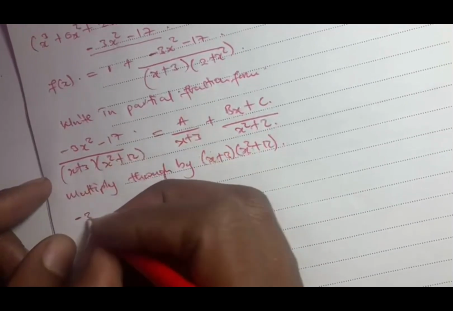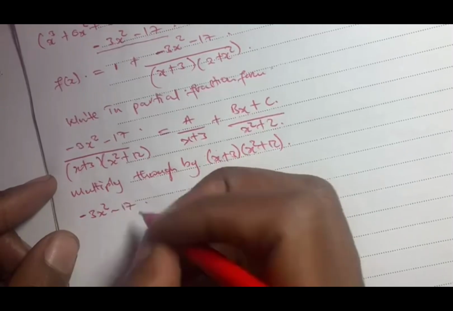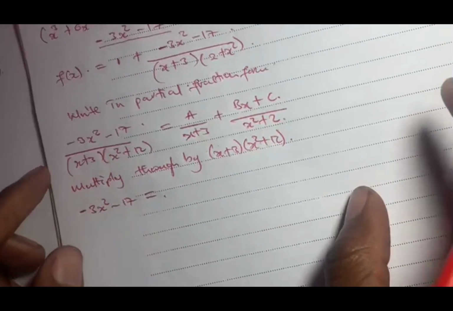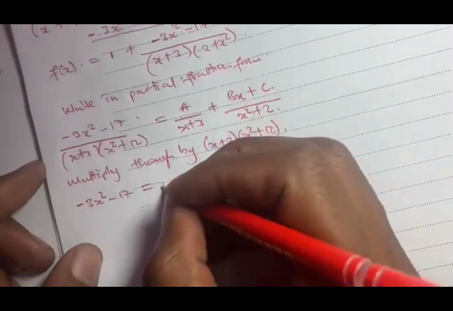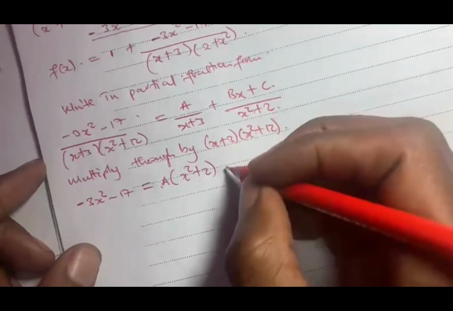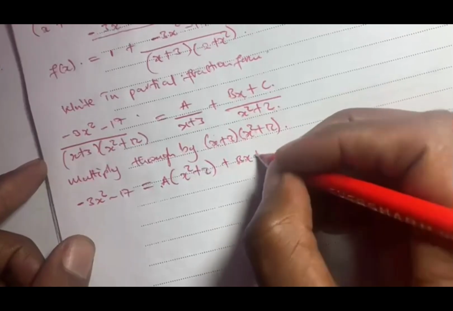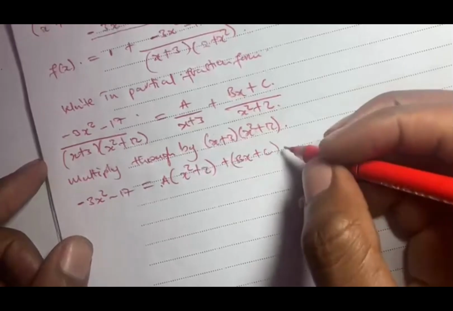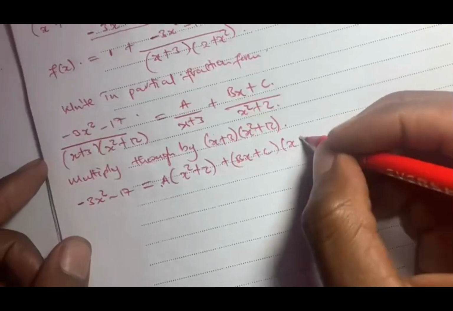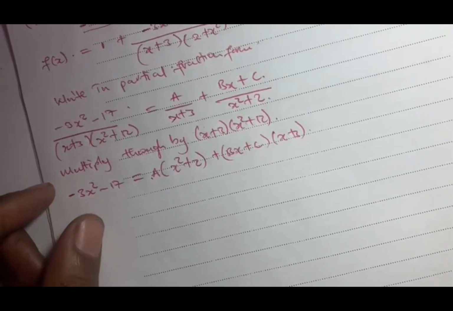The remainder is minus 3x squared minus 17. This is equivalent to the other side: a times x squared plus 2, plus bx plus c times x plus 3. Then we expand.